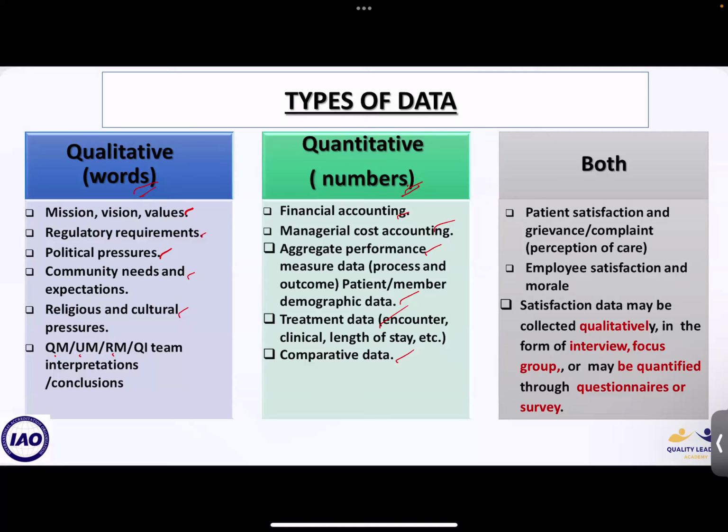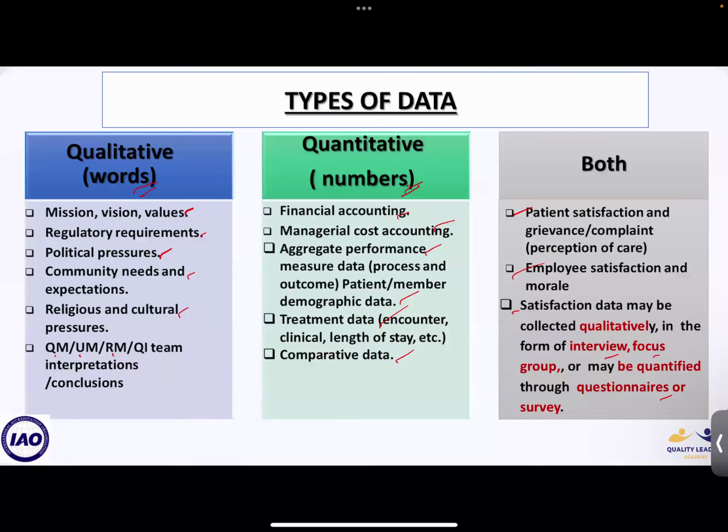For both, we have the patient satisfaction and grievance complaint, employee satisfaction and morale, and satisfaction data. This may be collected qualitatively in the form of interviews, focus groups, or may be quantified through questionnaires or surveys.